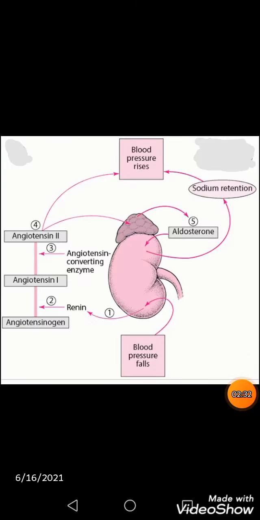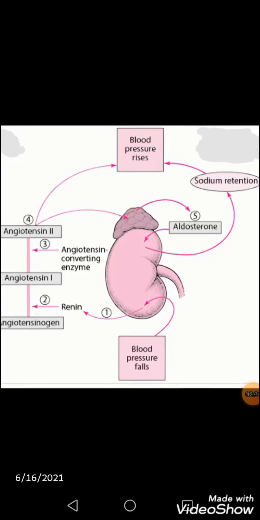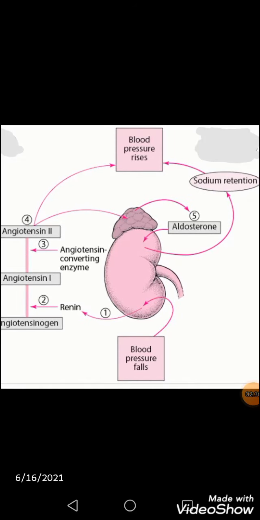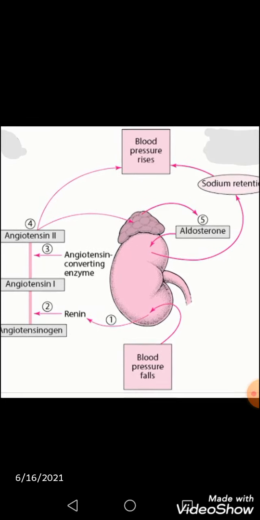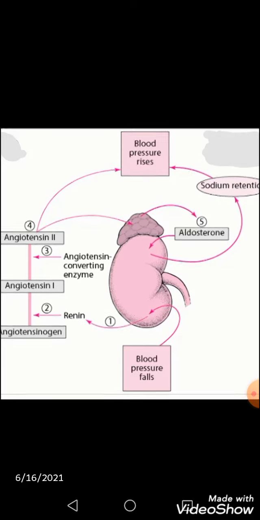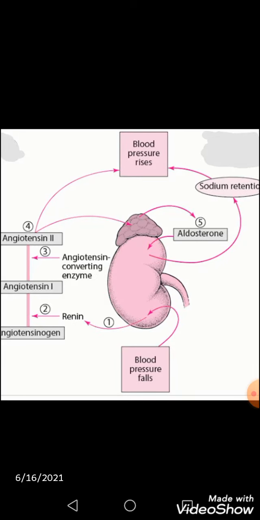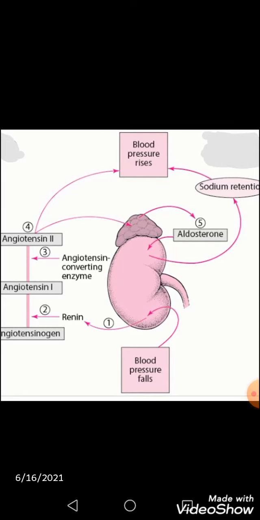Okay, now last but not the least, the renin angiotensin aldosterone system that is giving feedback control to the zona glomerulosa. In this picture, you can see the BP is falling, and what is going to happen is that the JG cells in the kidneys are involved in renin release. Why?